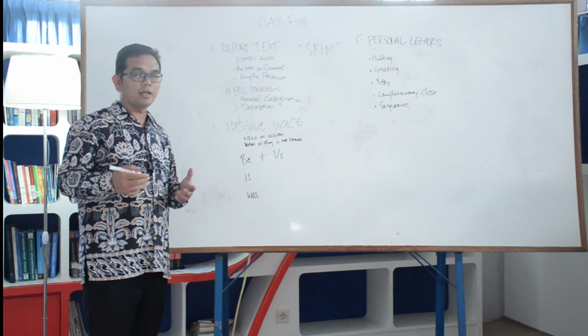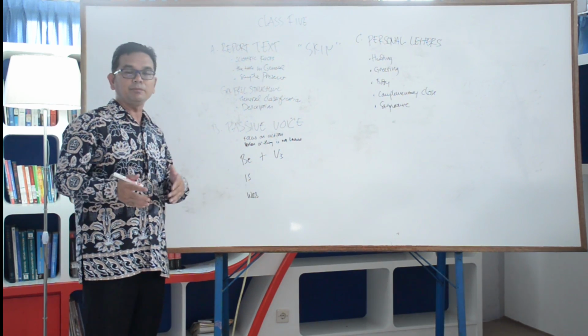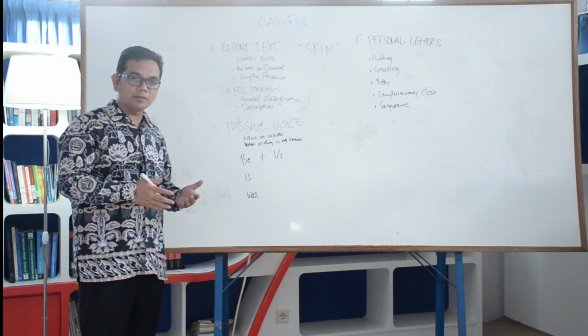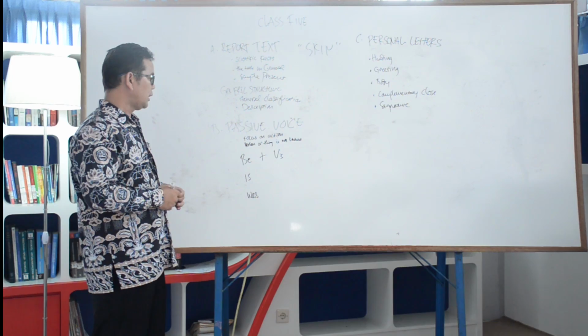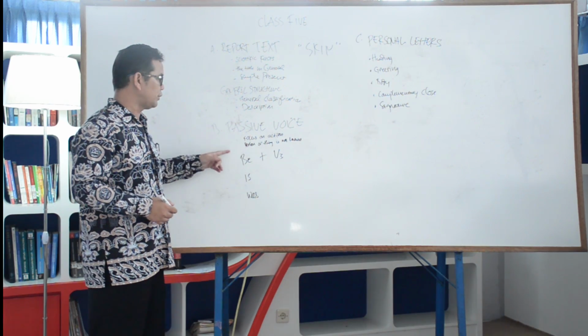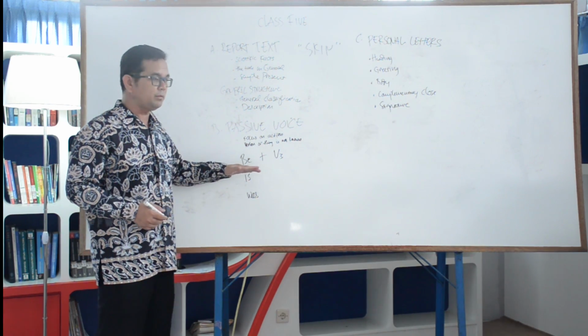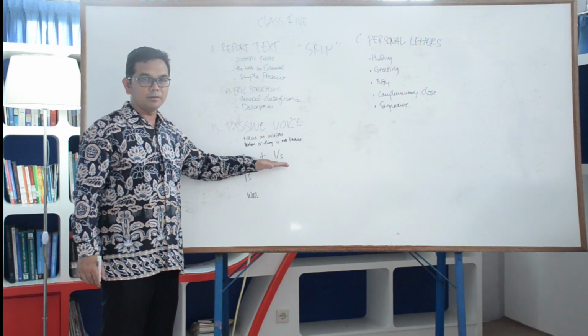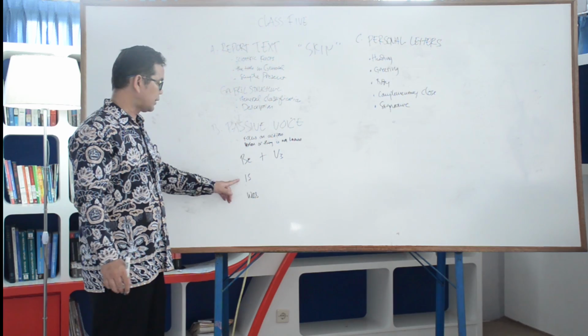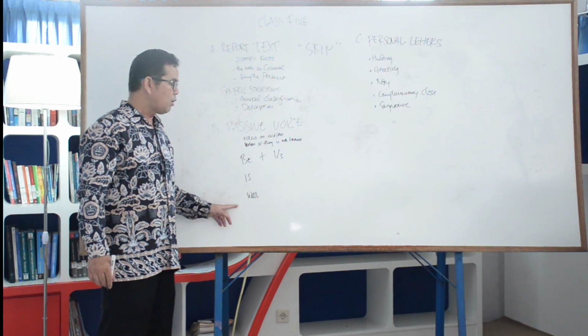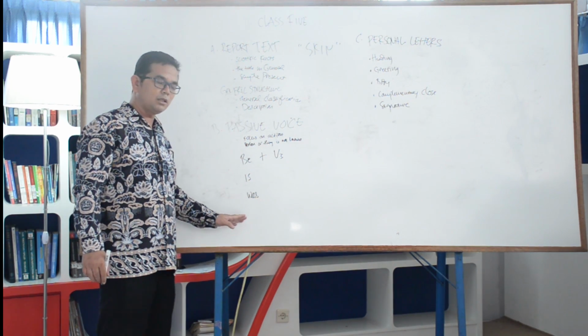Or sometimes the subject or the person is not known or not important. And how do we form the passive voice? Usually in simple form, it is be plus verb 3. Okay, be plus verb 3. Here I wrote is, was, or were.